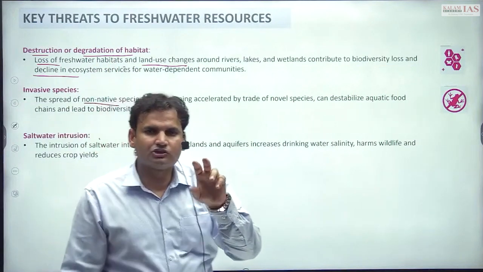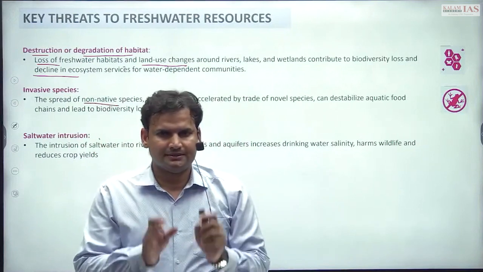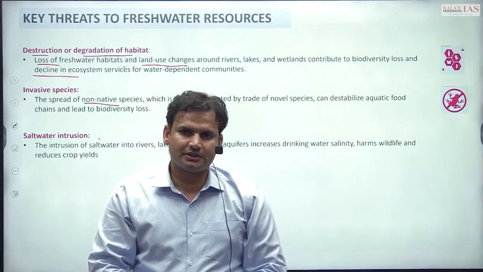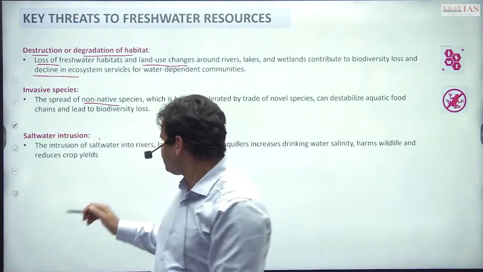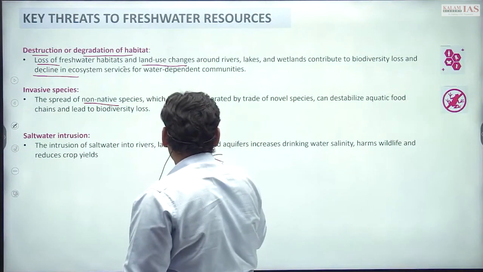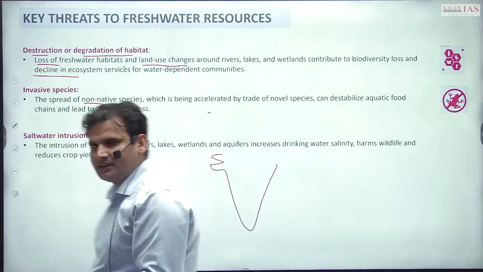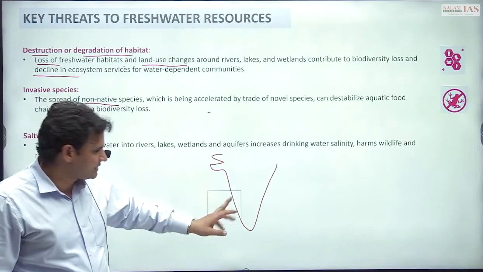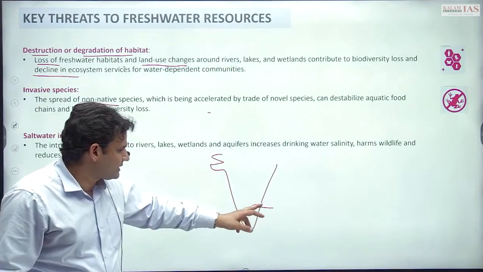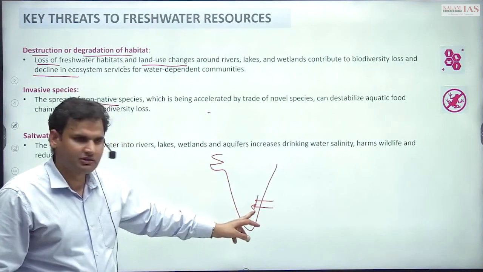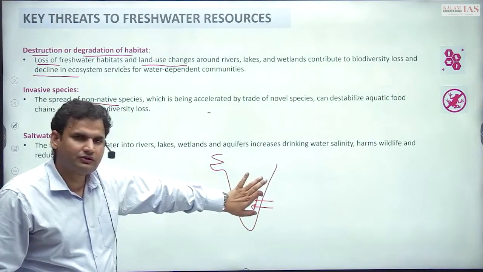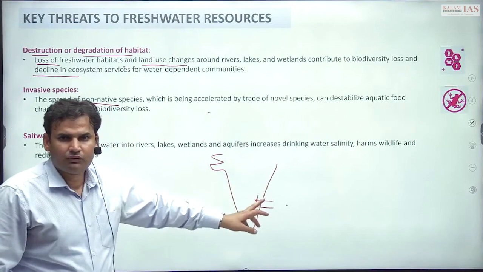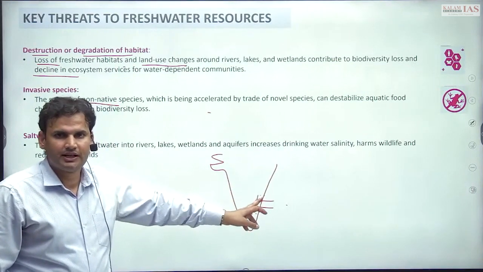Now how is this salt water intrusion a threat? Understand this a little. What is happening because of climate change? Sea level is rising, right? So if sea level is rising, what would happen? There would be storm surges, etc. So sea water would come onto the coastal plains, coastal areas. If sea water, saline water, comes onto the fertile land of coastal areas, it would make the soils infertile.